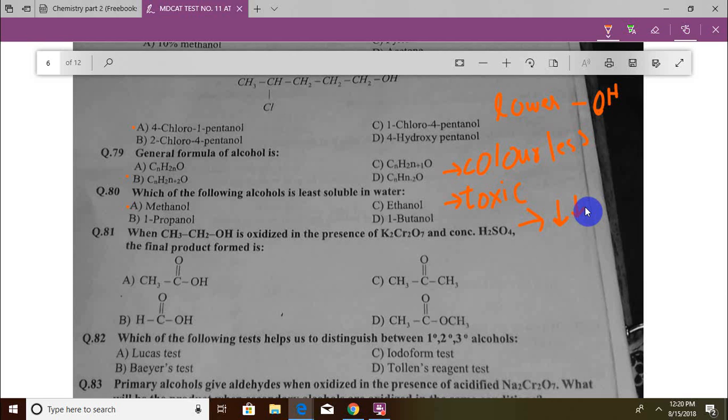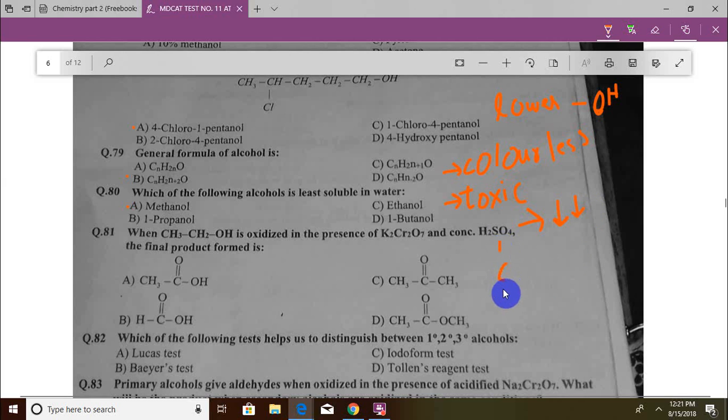The melting and boiling points of alcohols are higher than those of corresponding alkanes. Methyl alcohol and ethyl alcohol are liquids, whereas methane and ethane are gases. This is an important thing to understand. This is due to hydrogen bonding present in alcohols but absent in the alkanes. So this is a comparison.